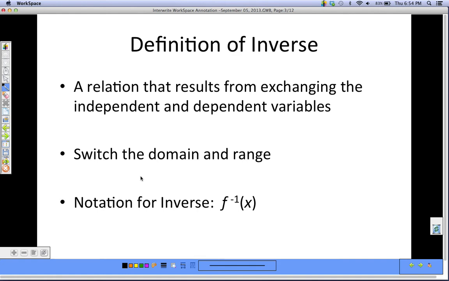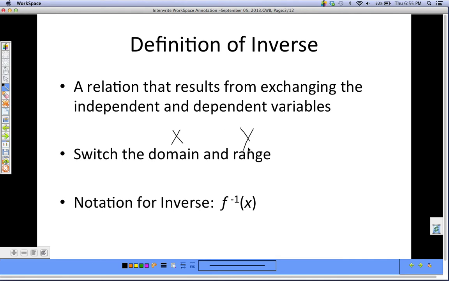An inverse function is a relation that results from exchanging the independent and dependent variables. So we're switching the domain and range, which, once again, remember your domain is your X values while your range is your Y values.